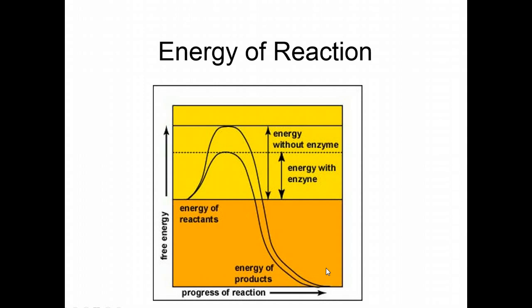And what this shows you, if you look at that energy without an enzyme, is the amount of free energy that must be put into the system. So we're reducing the amount of energy that's needed for this reaction to occur. So if I boil a sucrose solution, I'm putting energy into that system by increasing the Brownian movement.